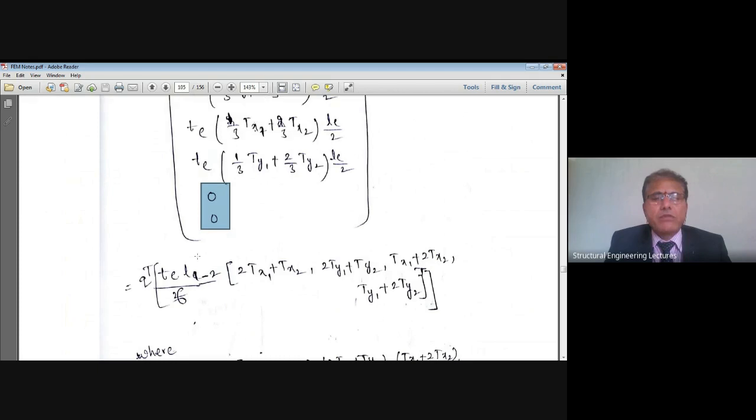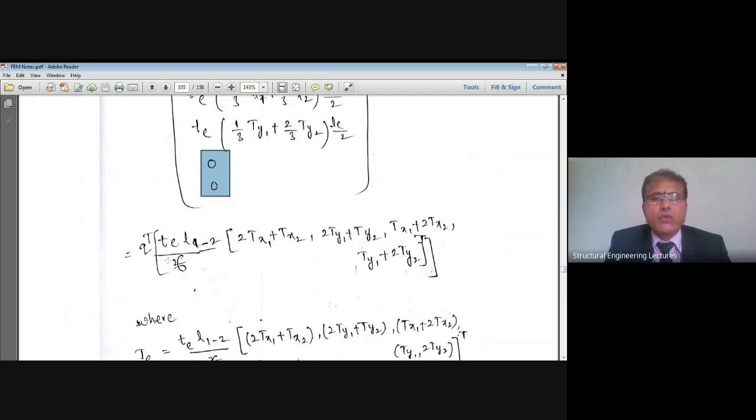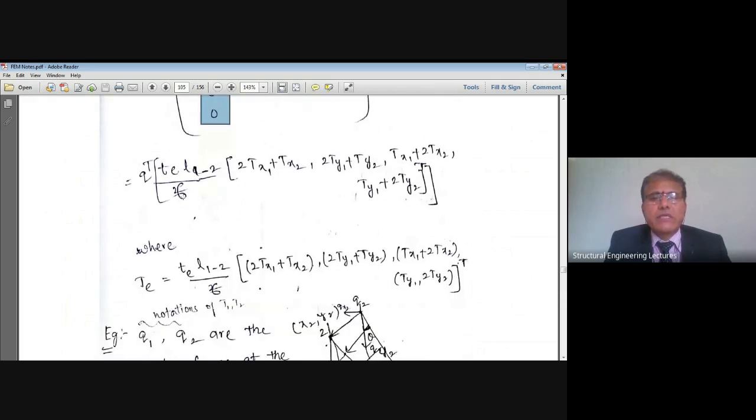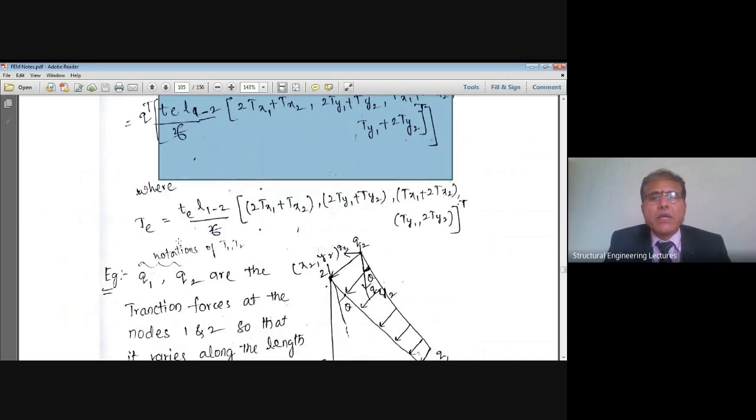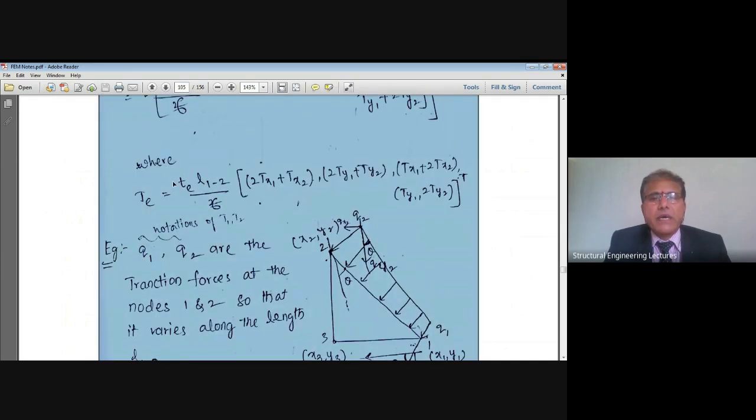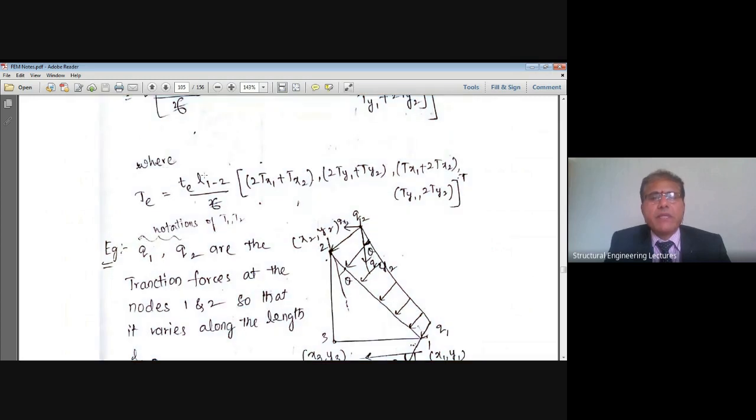The same may also be written as q transpose multiplied by te, where te is called the element traction force vector. The element traction force vector is a 6 by 1 vector if you are taking the entire 2D 3 node element, or a 4 by 1 vector if you are taking only one side, as appropriate.